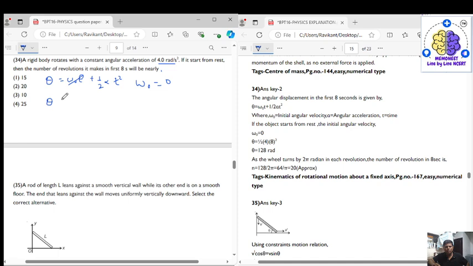So theta will be equal to half into alpha, which is given as 4, into t square, which is 64, so theta is equal to 128 radian. One revolution is 2 pi. So divided by 2 pi, it will give approximately 20 revolutions. So the correct answer is option 2, right?